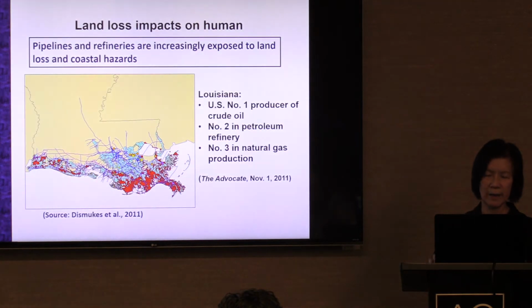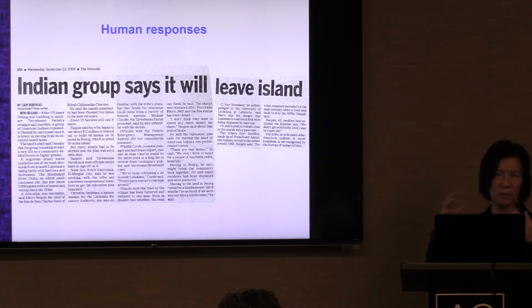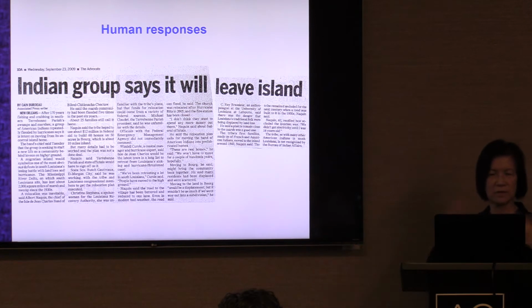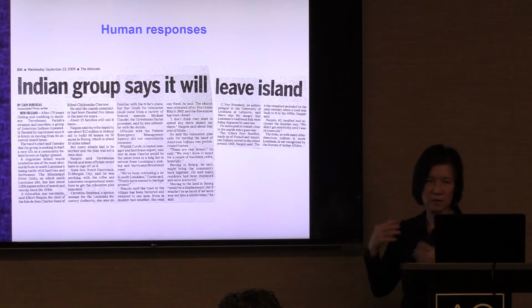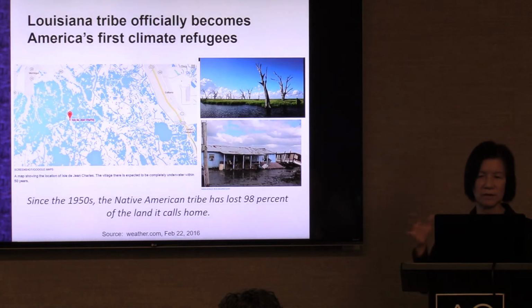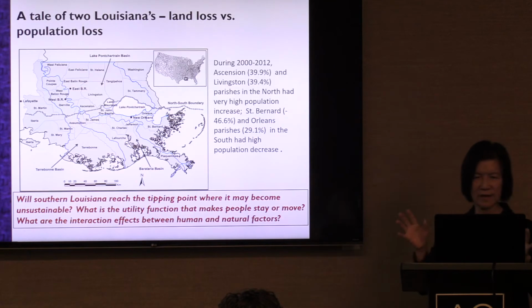So it is also a land that has a lot of energy infrastructure, and land loss is also impacting people, because when you lose the land, it's very hard to have other economic activities and so on and so forth. But then people may not want to leave because of cultural and all other things. So I just want to show some examples down there.